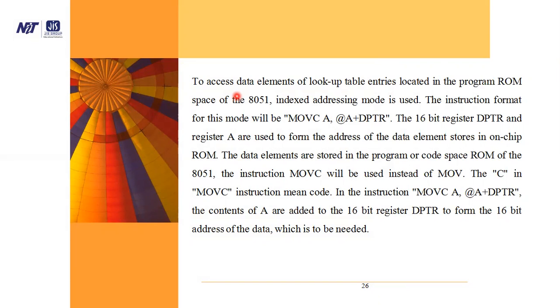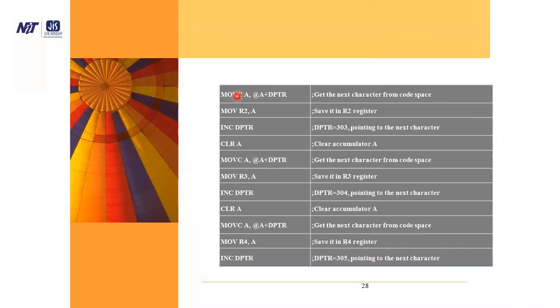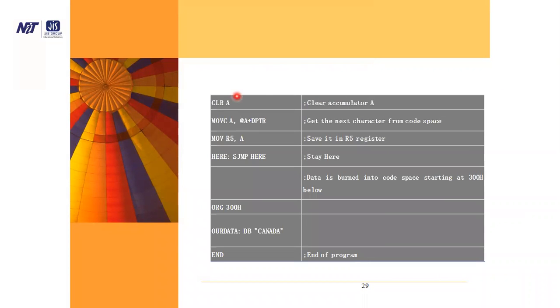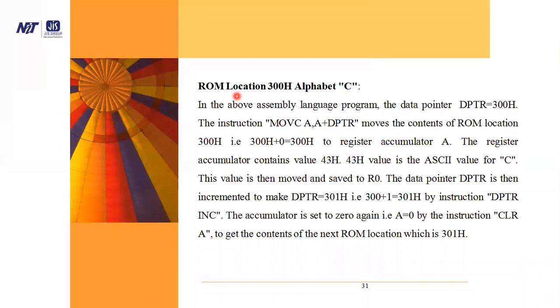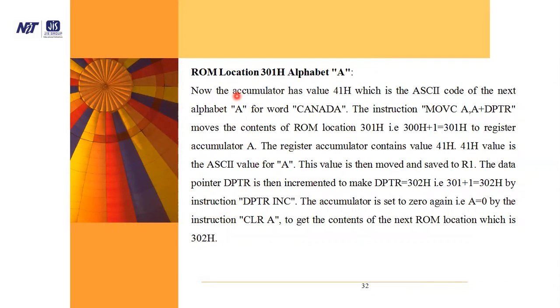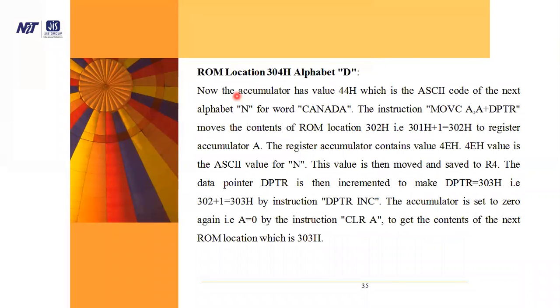The 16-bit register DPTR and register A are used to form the address of the data element stored in on-chip ROM. These are the different ROM locations. This we have done earlier.